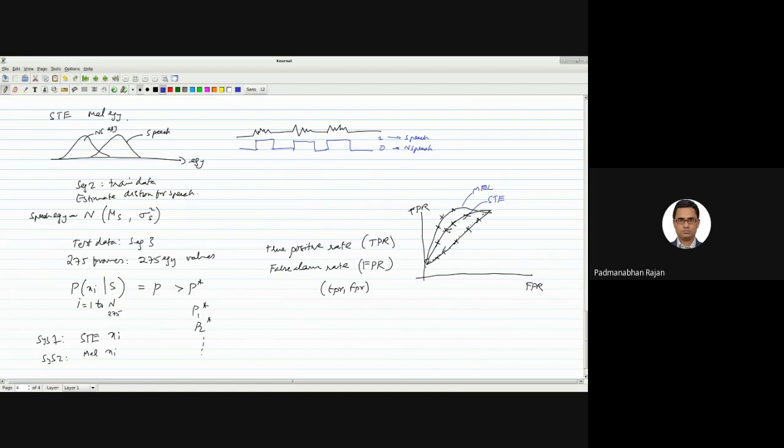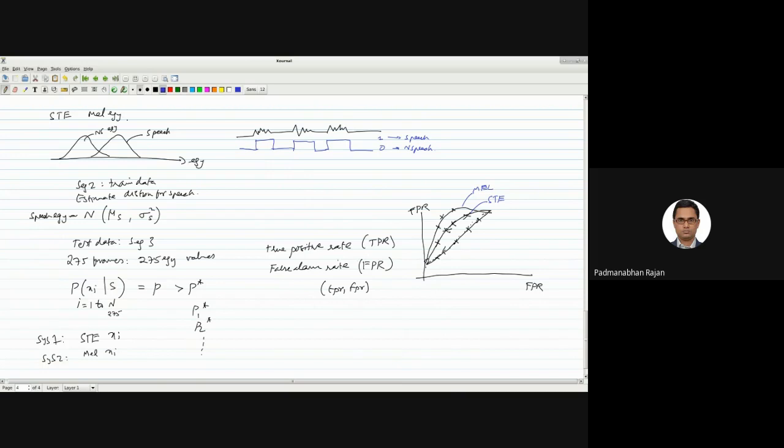Like this, you have to keep repeating for both the systems because we are comparing two systems here. And then you summarize based on the plots you get. I'm not sure how the plots will look, but I think you should get something like this. Based on this, you decide which system, which feature, the system using short-term energy or the system using MEL energy, is better at detecting speech.